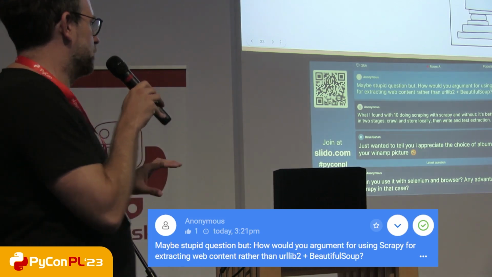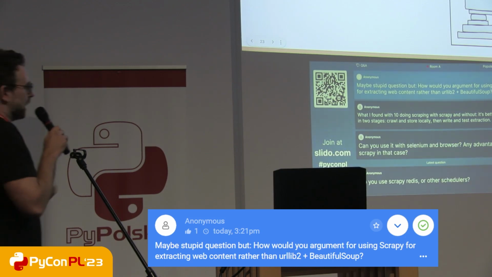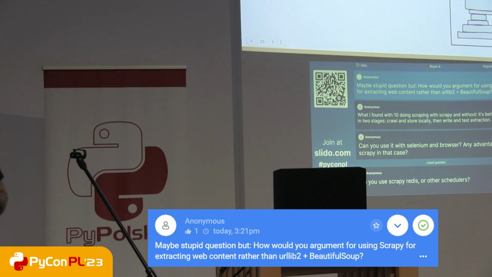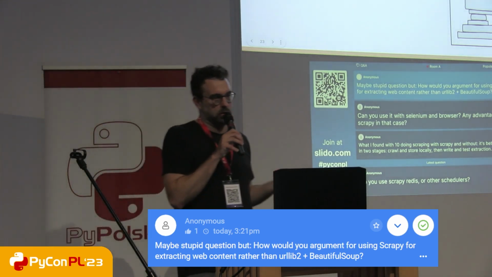So if your project is small, then maybe the simplicity of urllib will work for you. And for Beautiful Soup specifically, you can use Beautiful Soup in Scrapy as well. Many people don't know it, but you can. There's nothing stopping you. If you don't like the default selector library, you can use Beautiful Soup, no problem. You just need to import it and specify it in your code, and it will work fine.